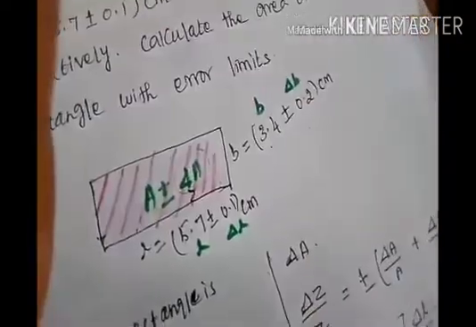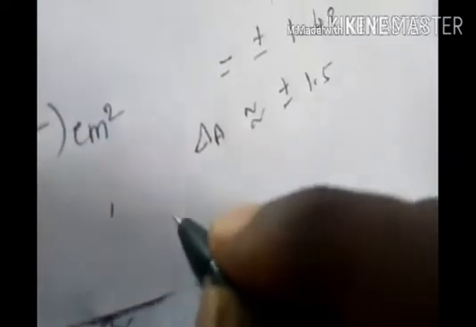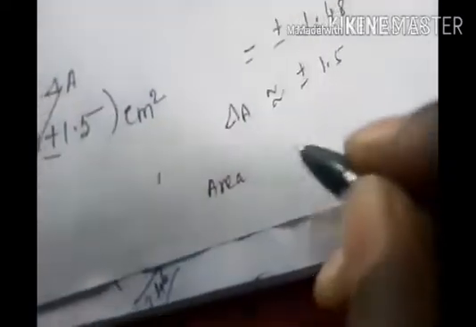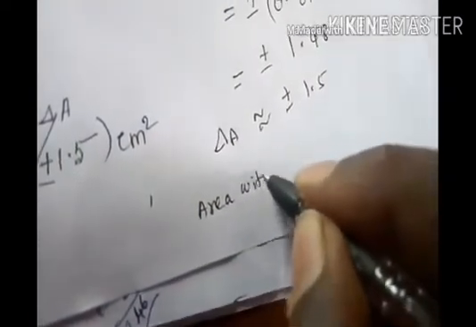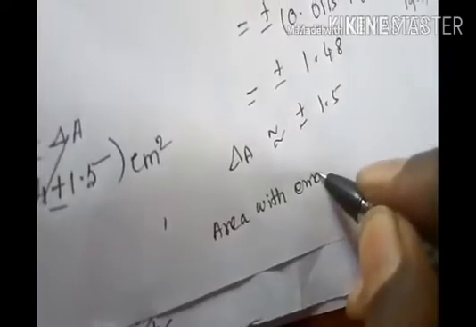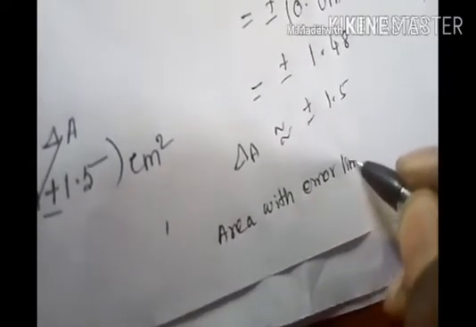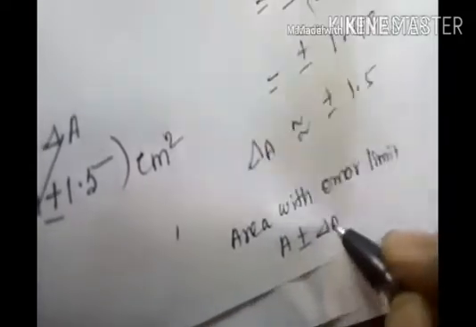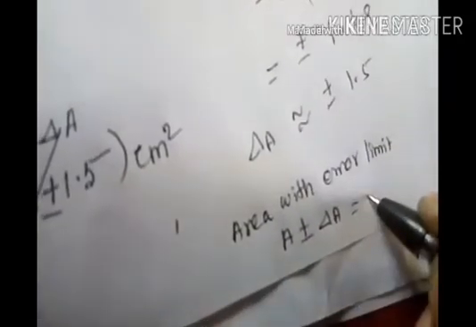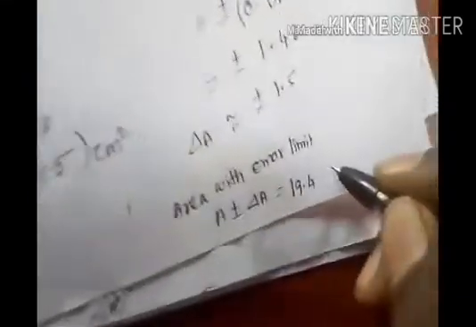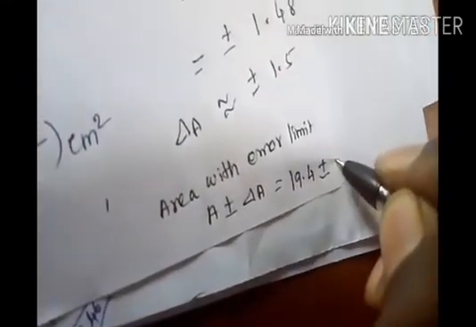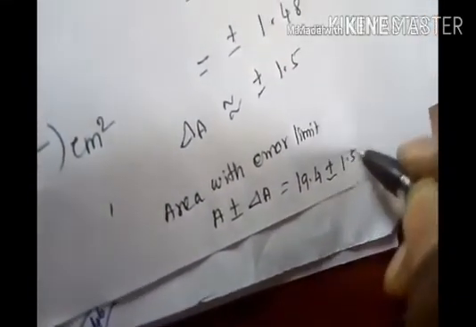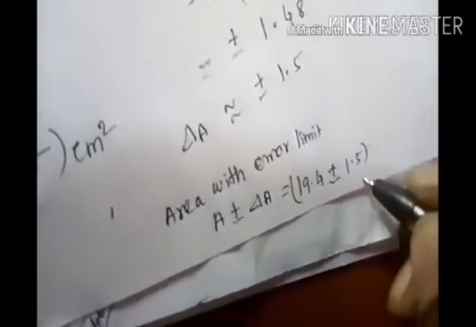Finally, the area with error limit is A plus or minus delta A. The A value is 19.4 plus or minus the delta A value, 1.5 centimeter square.